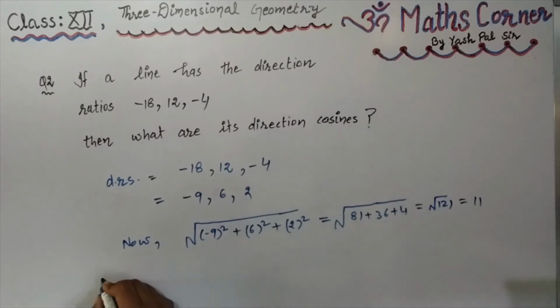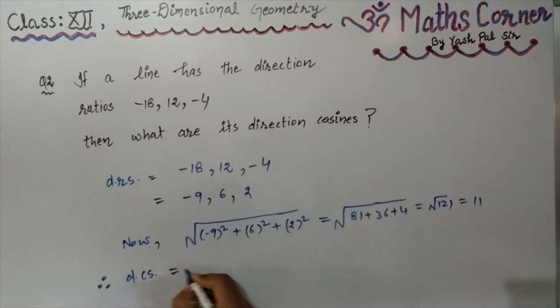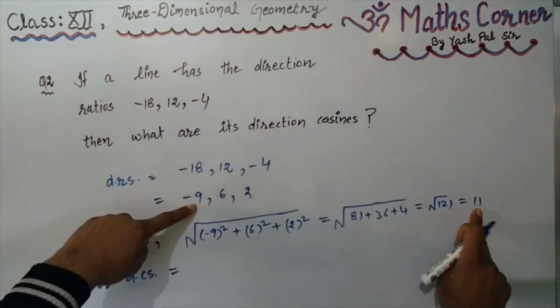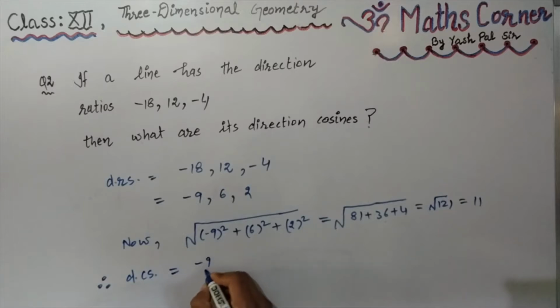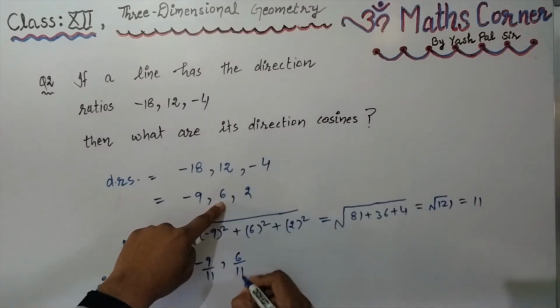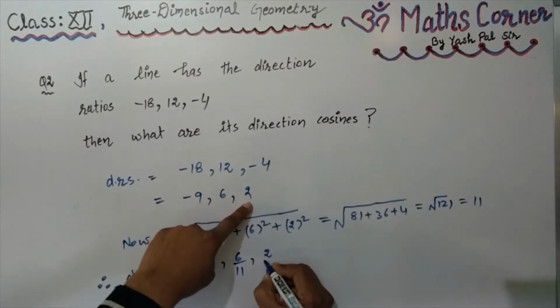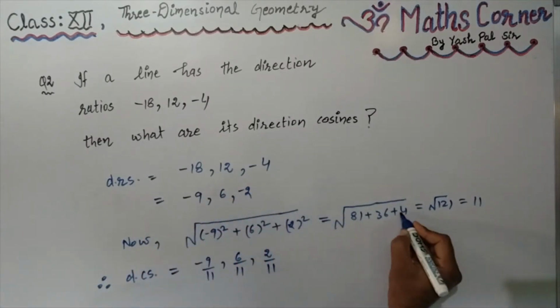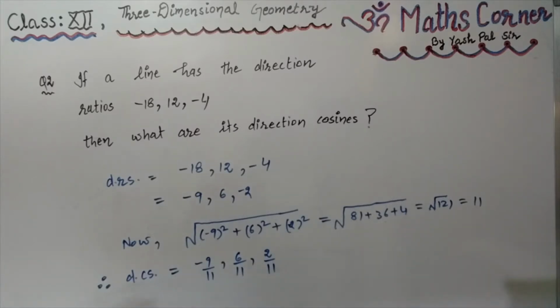Therefore, direction cosines are each number divided by this number, that is minus 9 upon 11, 6 upon 11, 2 upon 11. So these are the required direction cosines. Here also we have the minus sign.